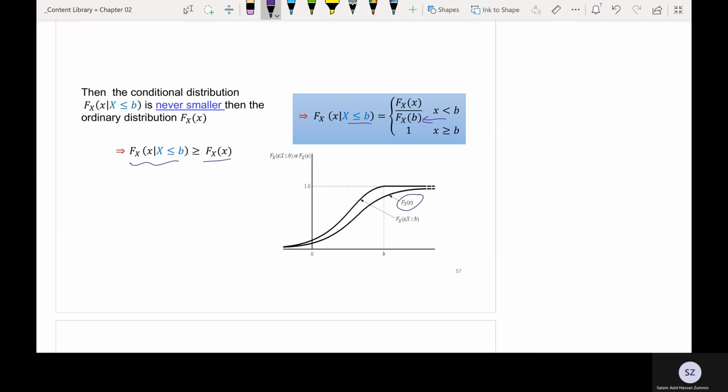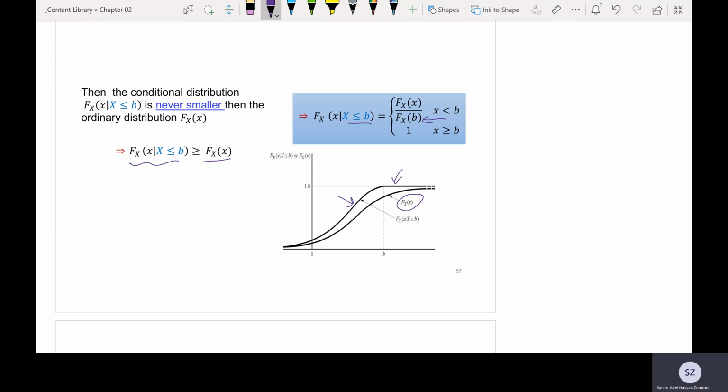Okay? Is the idea clear? For x between 0 and b, it's clearly larger. And at b, it becomes 1. Again, it's larger. Regardless of the value of x, it's 1. Clear? Of course we always say that when you condition, the conditional probability compared to the non-conditional probability is larger. Why? Because you are dividing by a smaller sample space.